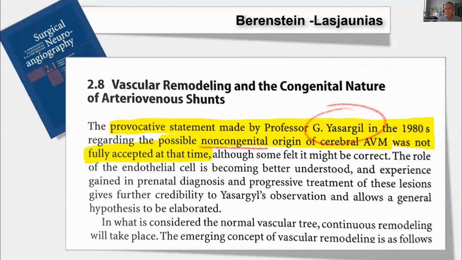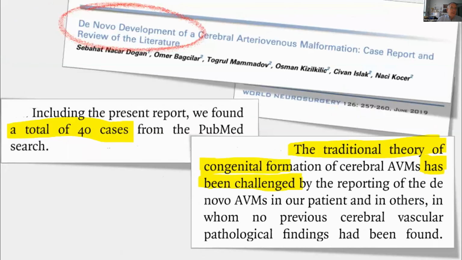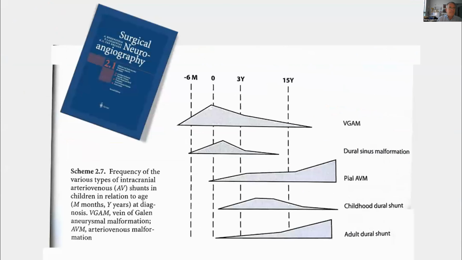And probably there is something genetic plus something that happened during the growth of the brain. And this is not anything new, because also Yasargil stated that several years ago. Plus, it is already well confirmed that there is de novo development of cerebral AVMs. So we have several published cases where there is an MRI without anything, and then you have an MRI with an AVM some years later.